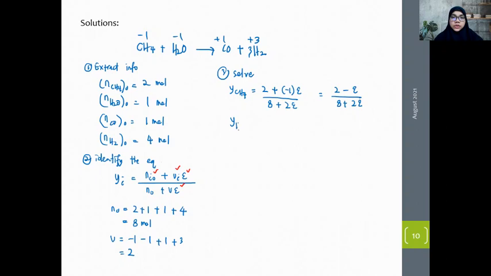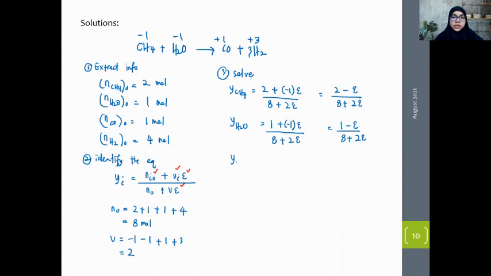And then H2O: initial is 1 plus minus the reaction coordinate over 8 plus 2 times the reaction coordinate. So it gives us 1 minus the reaction coordinate over 8 plus 2 times the reaction coordinate.